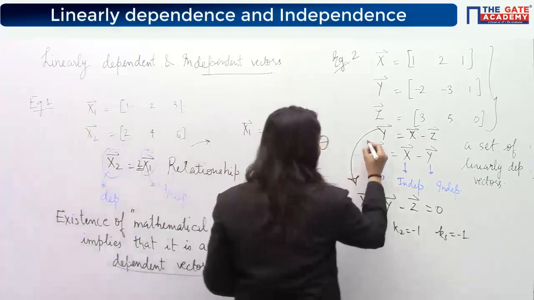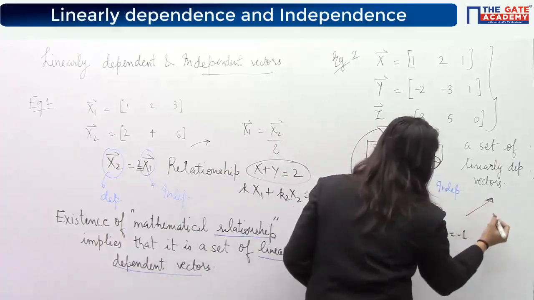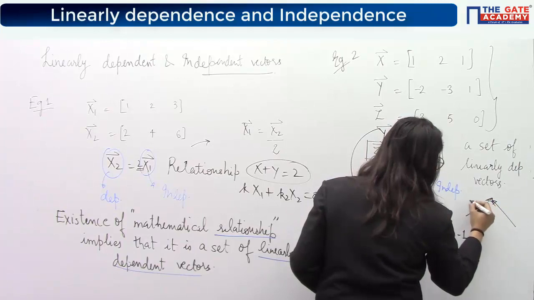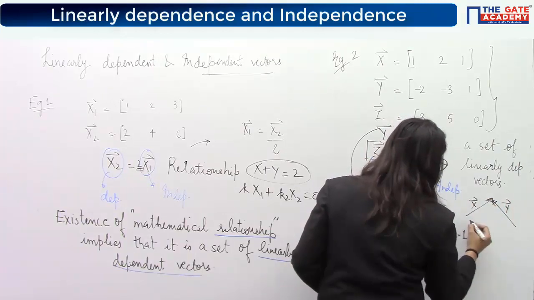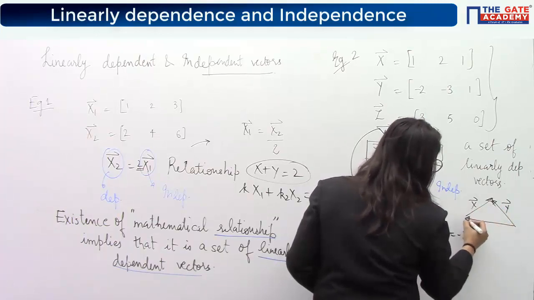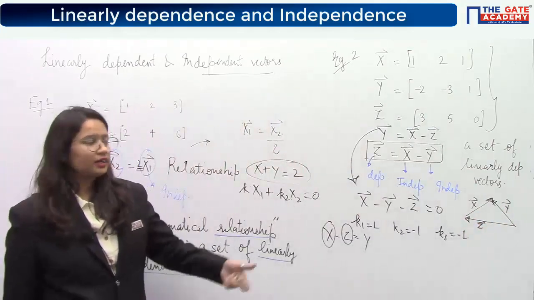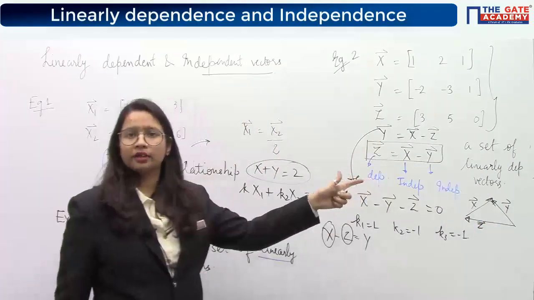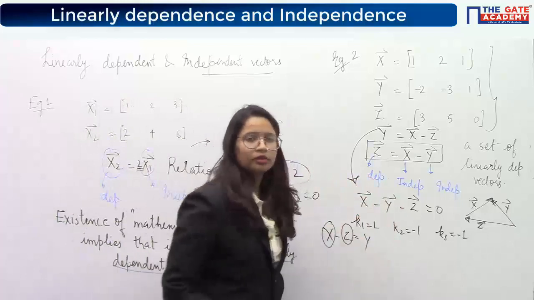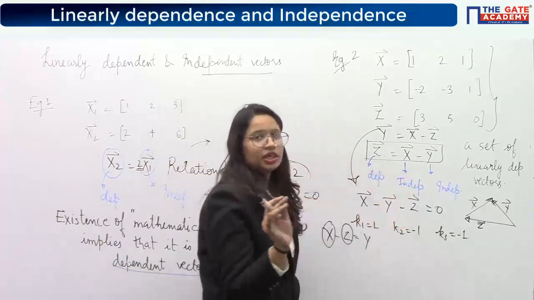If you look at this relationship z equal to x minus y, and x is this vector, and I take minus y as this vector, then by using the vector sum, z will be a vector like this. You must remember in 11th class we have done vector sum. If you don't remember, it's okay. So the parallel vectors in this case have changed a little bit.